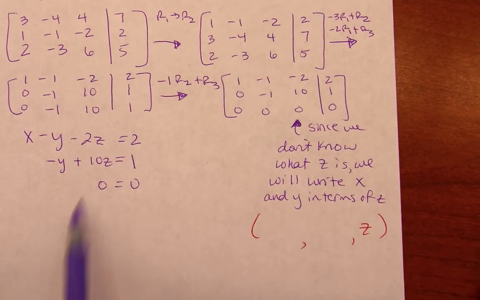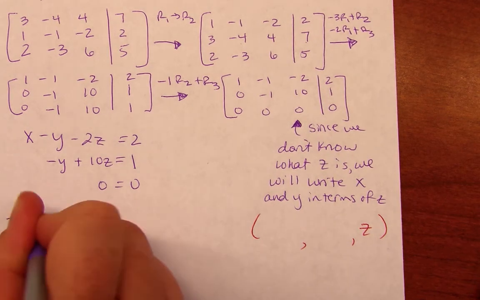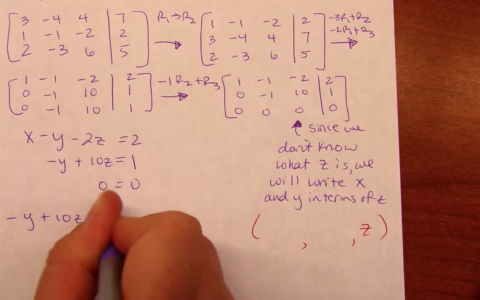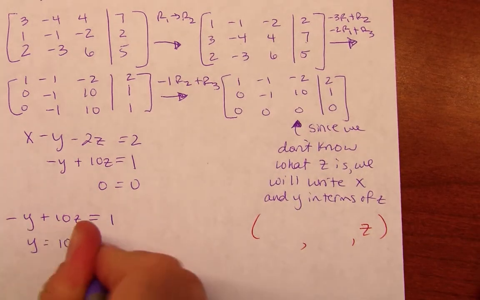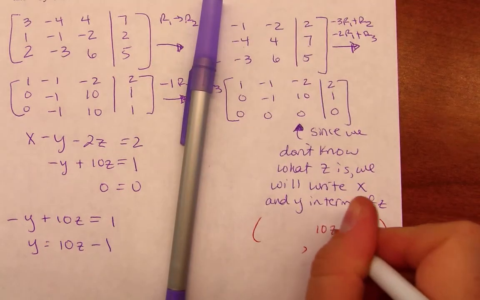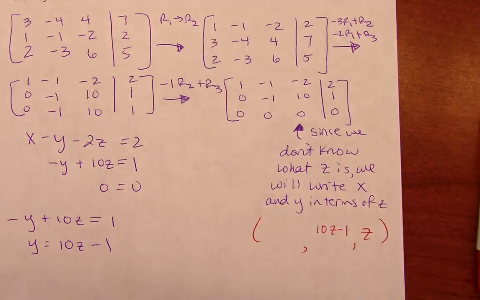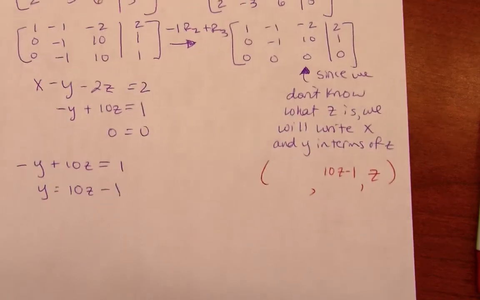Okay. Now, I can already solve for y in terms of z, so negative y plus 10z equals 1. I can subtract and divide by negative 1, and y is going to equal 10z minus 1. So in this spot here, 10z minus 1 is what y is. And I can do the same thing for x. I've just got to substitute some things in there.